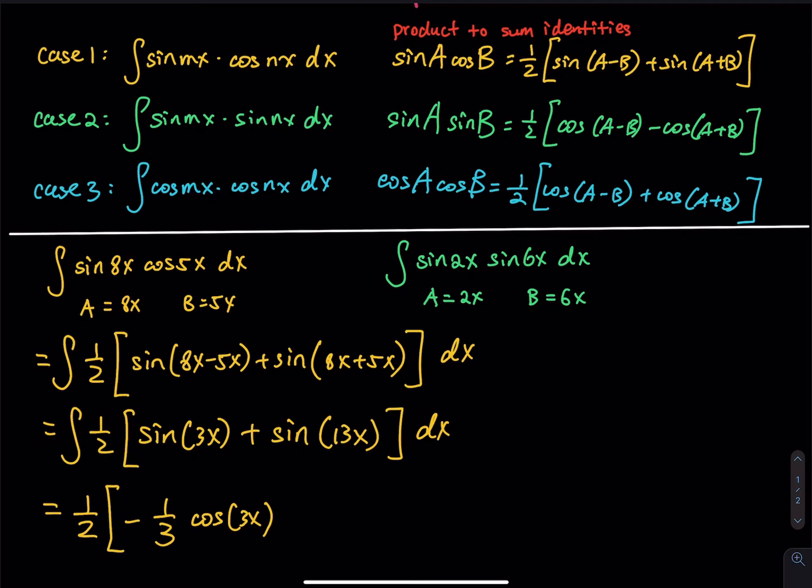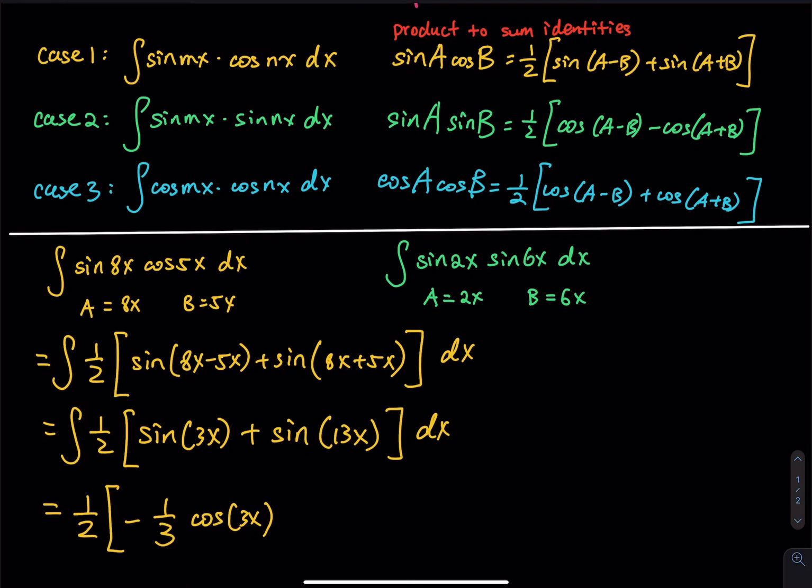And what about the 3? There is a linear function 3x inside the cosine function. By the chain rule, you also need to take the derivative of 3x, which is equal to 3. That's why you need to prepare a 1/3 in front of the cosine to get rid of the 3. Just simply take the derivative and you can easily go back to sine of 3x.